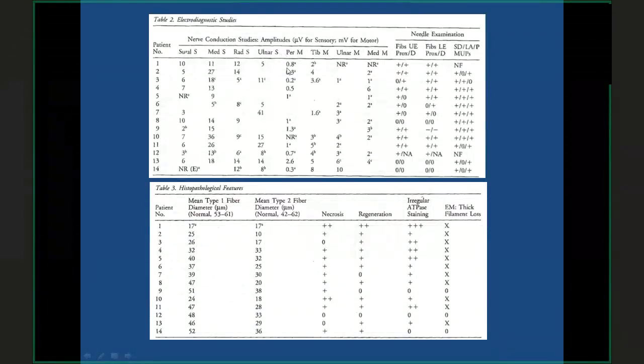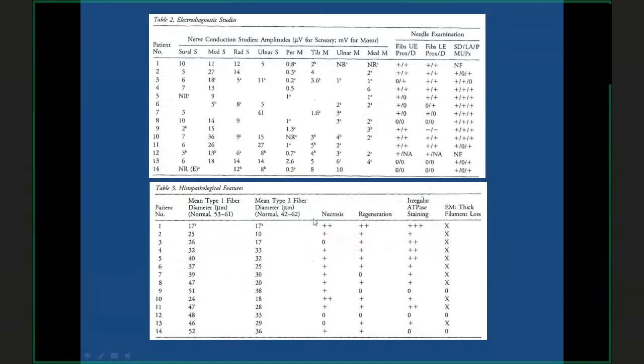The patients had severe weakness. They found that the sensory nerves were relatively normal, which makes neuropathy less likely. With needle EMG, they found abnormality not only in the distal muscles but also in the proximal muscles. Then they did a muscle biopsy, which shows significant myopathic changes.